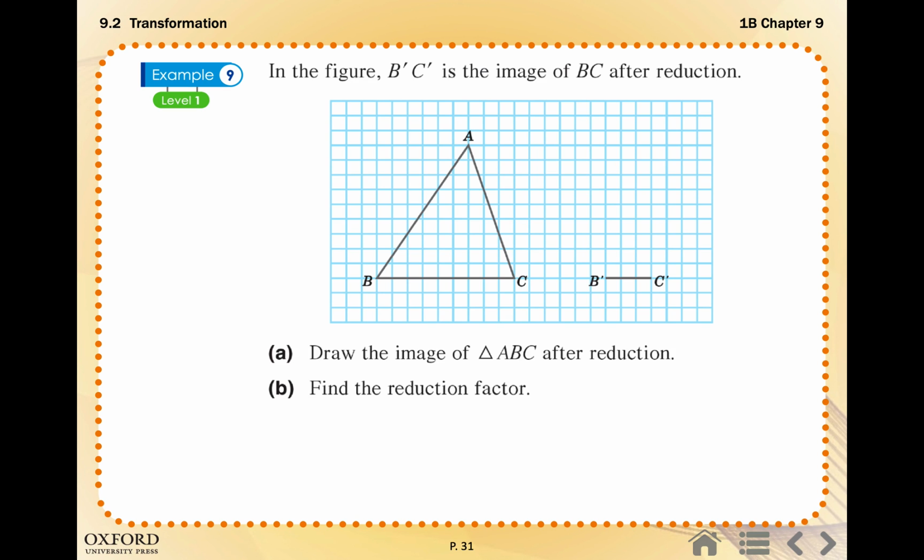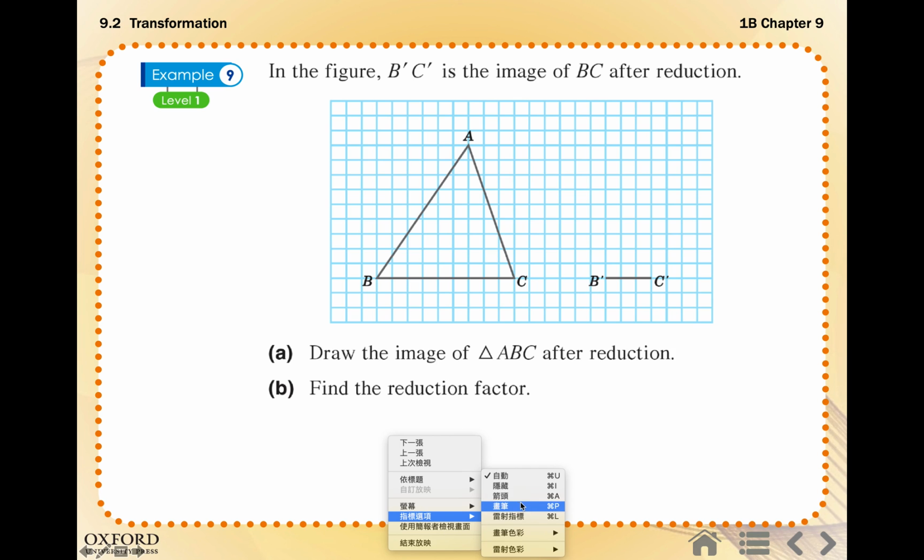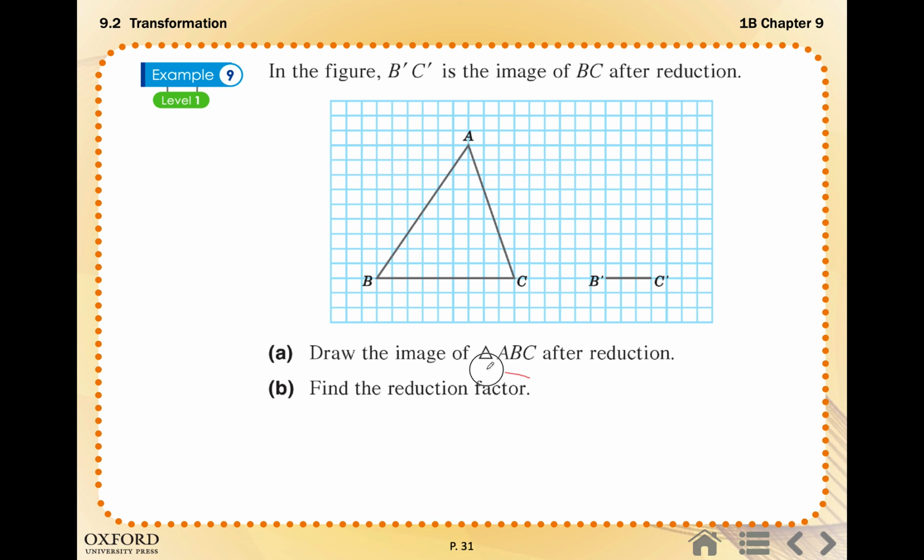And then for the drawing, I don't want to discuss this drawing. Because this part is easy, I think you can try to have a look at this example of the enlargement and reduction. And I just want you to learn how to calculate the reduction factor.